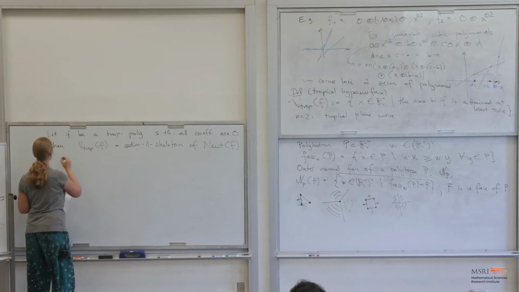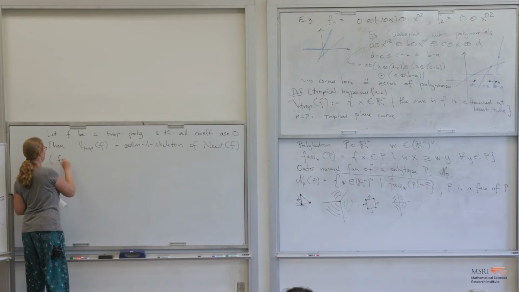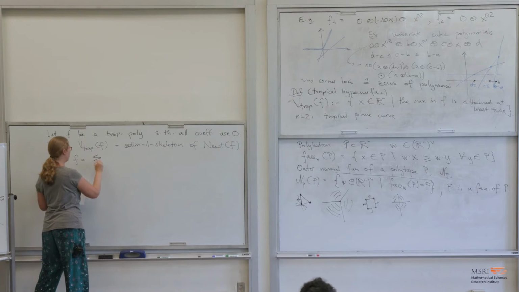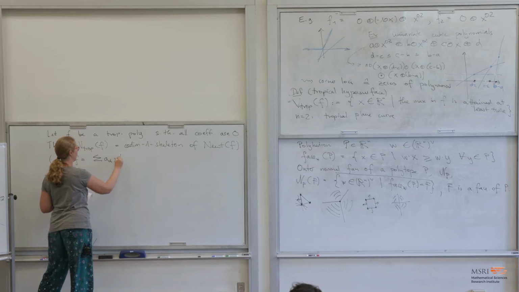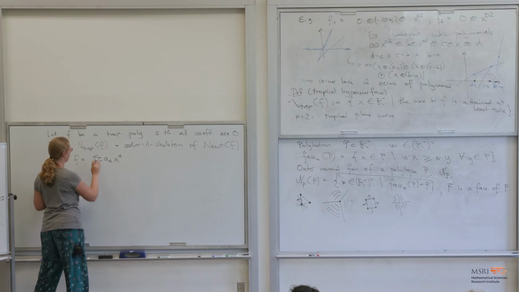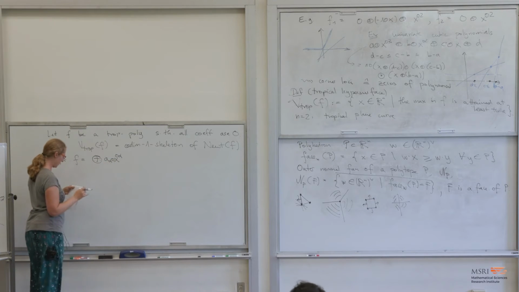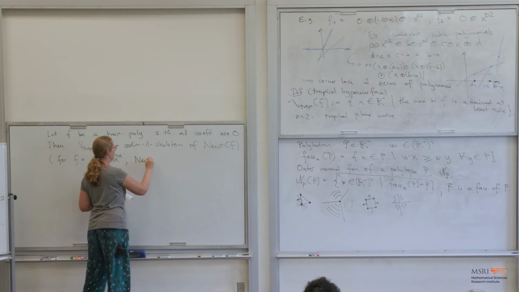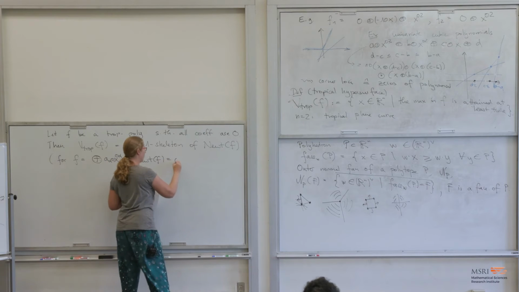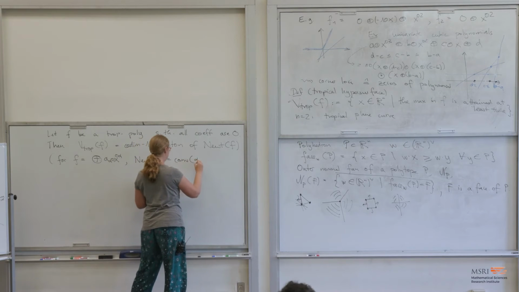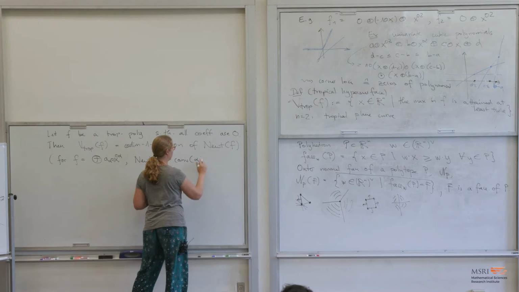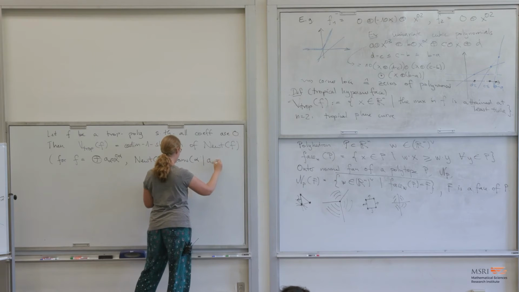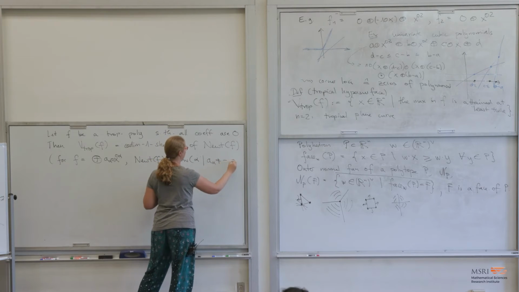And maybe I should add also, if f is the sum over a alpha x to the alpha, all supposed to be tropical, maybe I should write it tropical also, sorry. Sum over a alpha times x to the alpha, then the Newton polytope is the convex hull of all alpha such that a alpha is not equal to minus infinity.